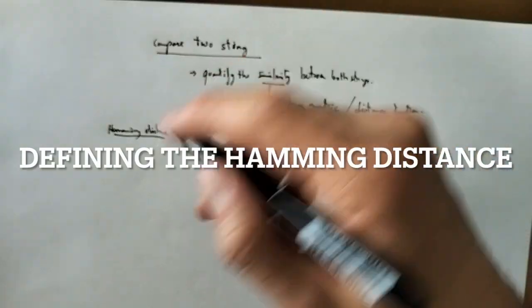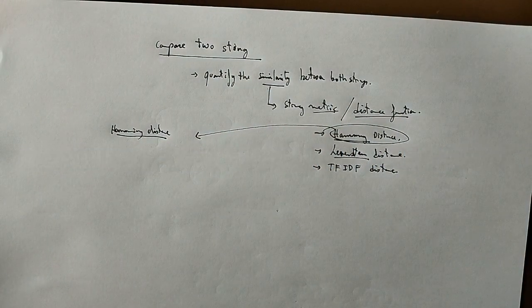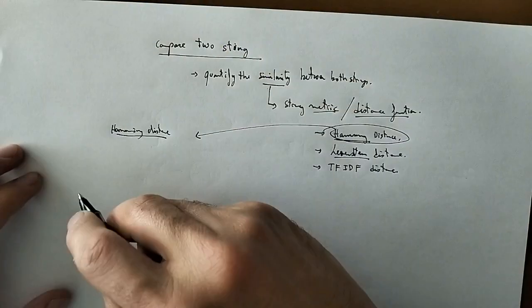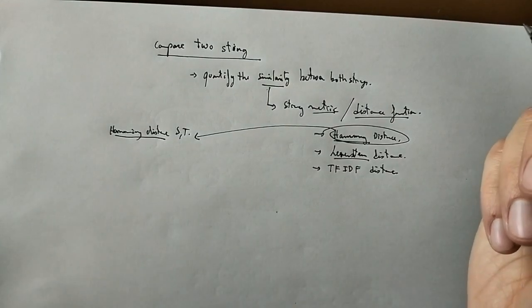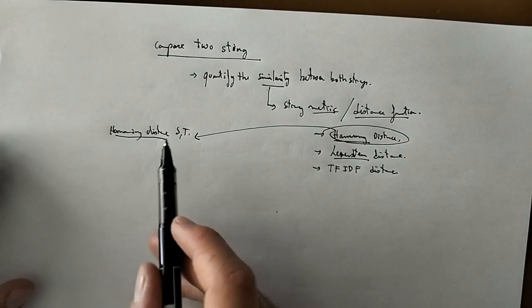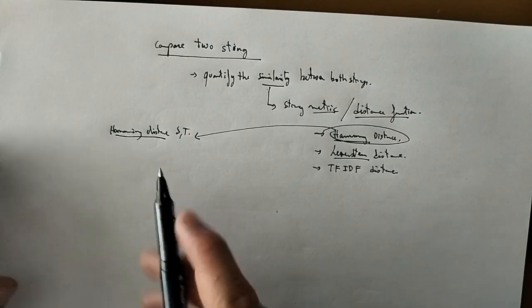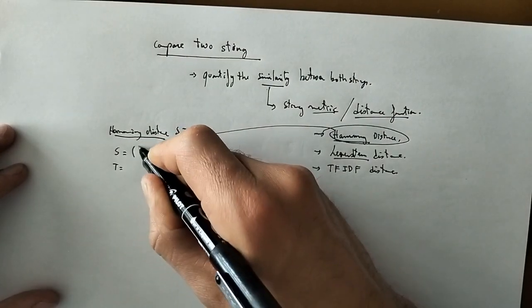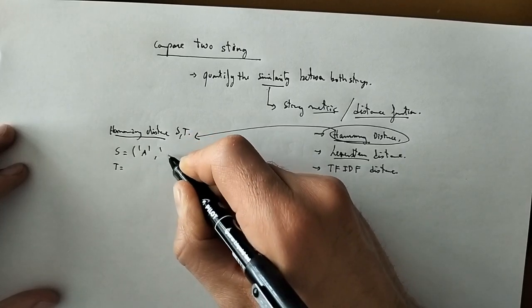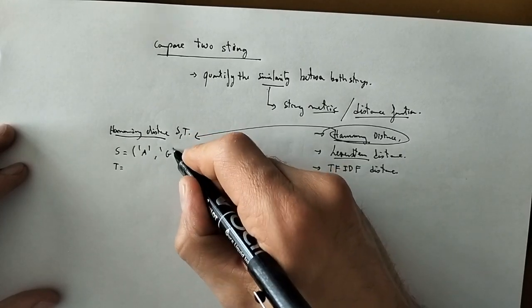In order to define the Hamming distance, we need to consider 2 strings, so S and T, for example, and we're going to compare the strings character by character. So let's imagine that S and T are the following strings.